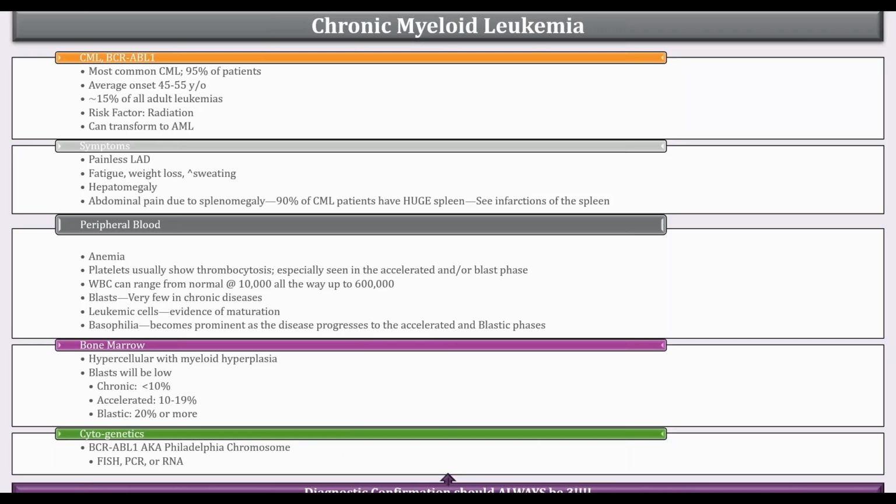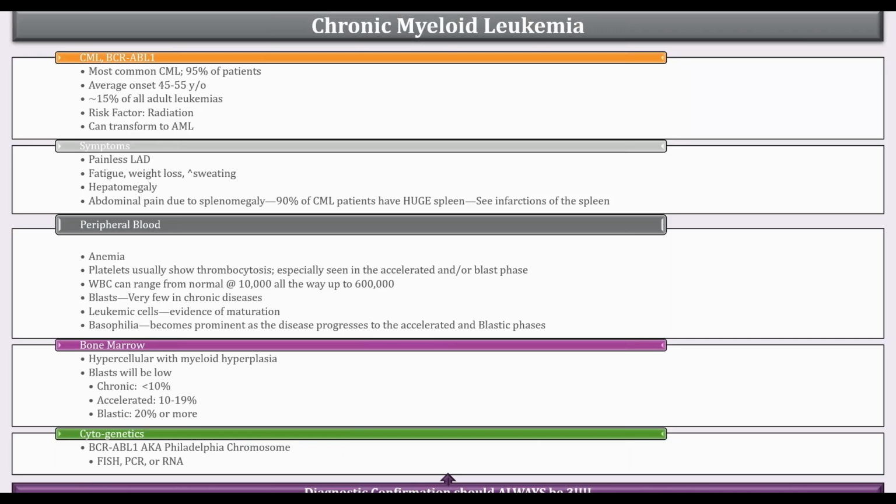We'll see this in about 15% of all adult leukemias. The major risk factor is radiation, and CML can transform to AML. So definitely use your heme manual when you have a transformation happening to determine whether you have 1 versus 2 primaries.